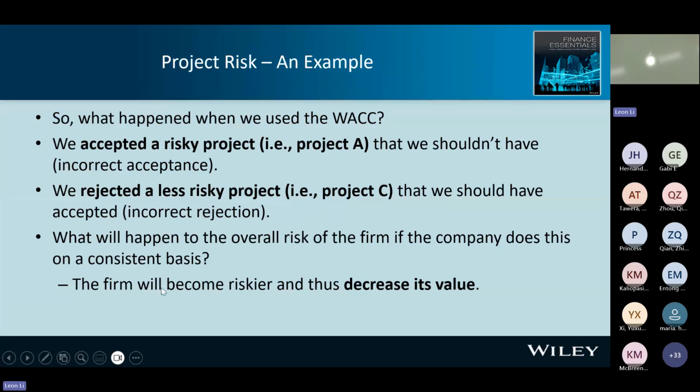The consequence is the firm will become riskier, because we accept risky projects and reject less risky projects. The firm will become riskier and its value will decrease, because higher risk means lower firm value. All right. So this is our final conclusion.